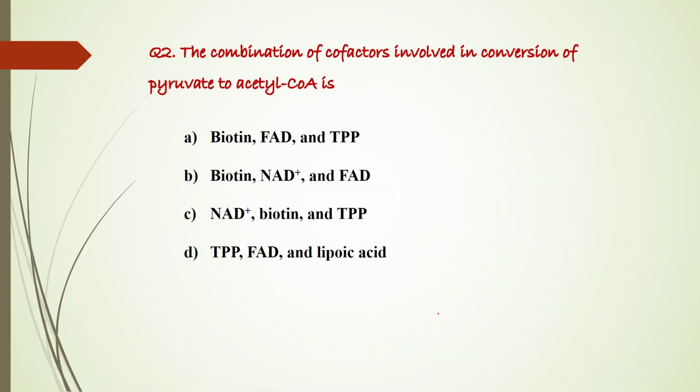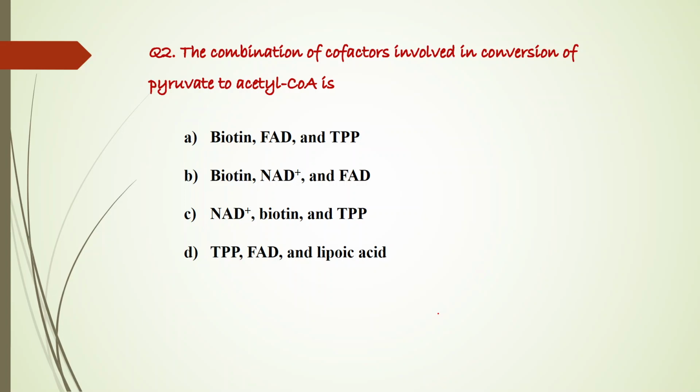This one asks for the combination of cofactors that are involved in the conversion of pyruvate to acetyl-CoA. Pyruvate is the result of initial glucose metabolism, where glucose is converted to pyruvate, which is then further utilized in the TCA cycle.